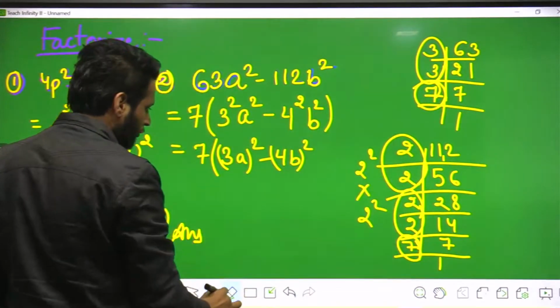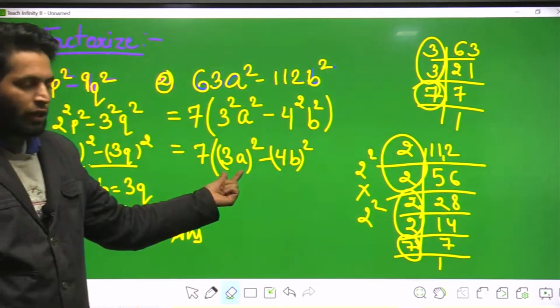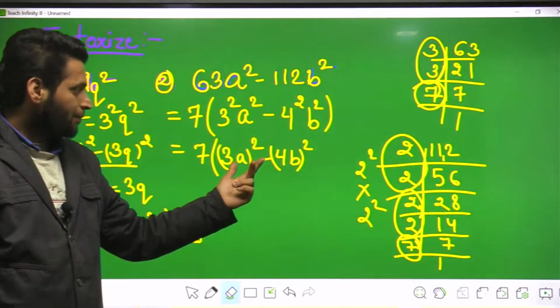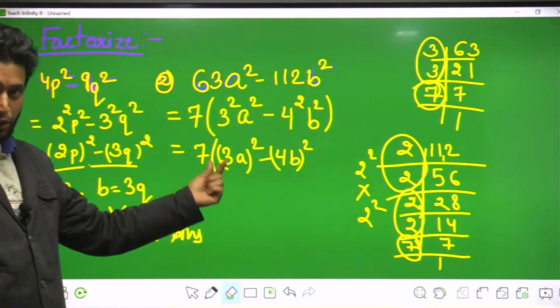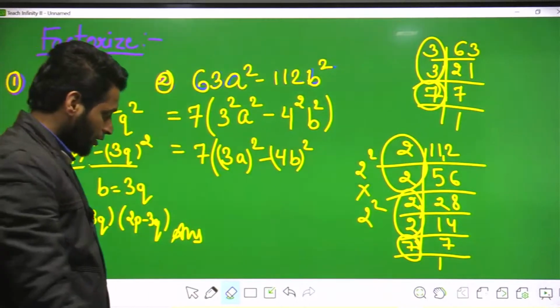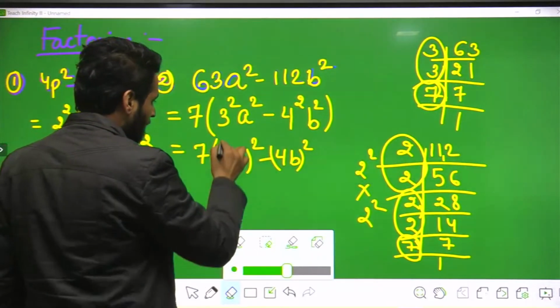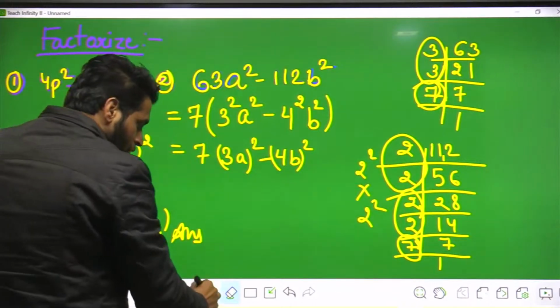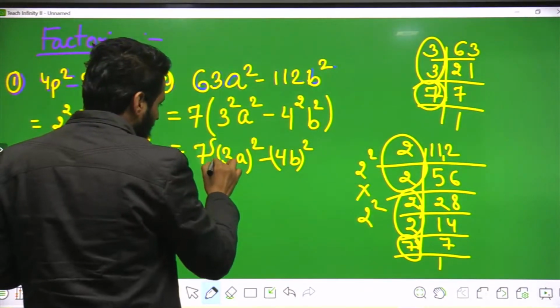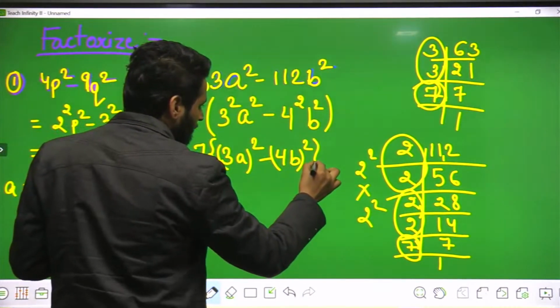Listen beta, I want to tell you one thing: when you are using the small bracket here, in the next step we no need to write the same bracket, we just change the bracket. So that's why we will write a curly bracket here.